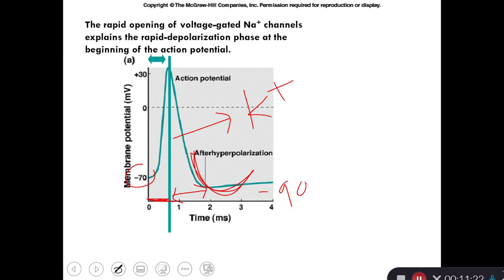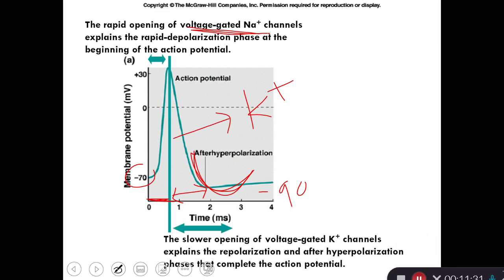So the voltage-gated sodium channels are fast, leading to a shorter time in the depolarization. However, the potassium voltage-gated channels are slow, and this leads to the hyperpolarization.